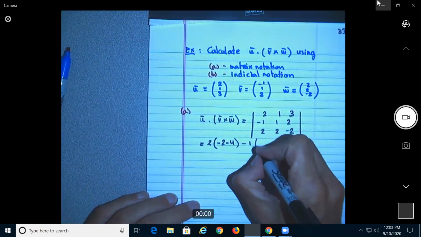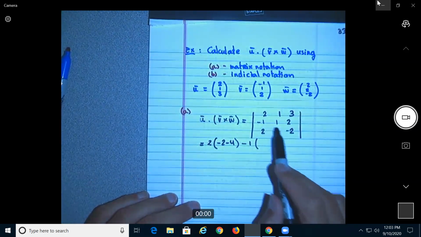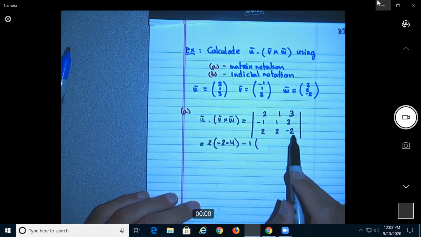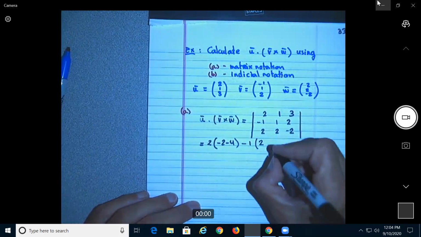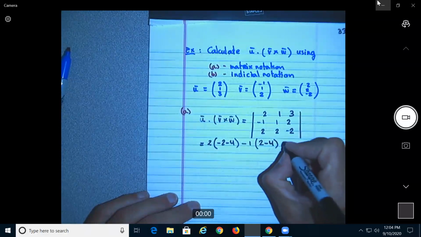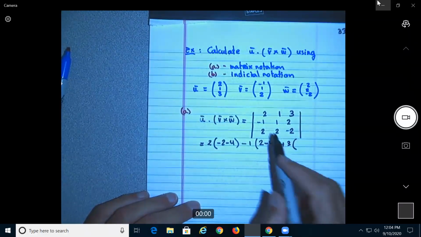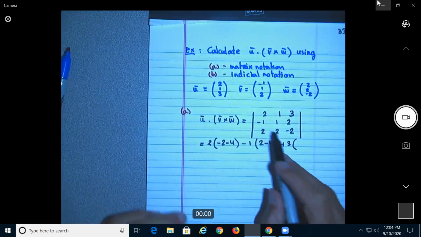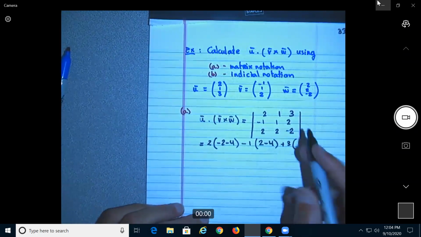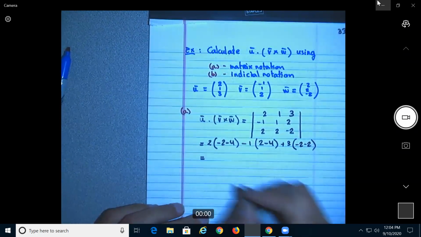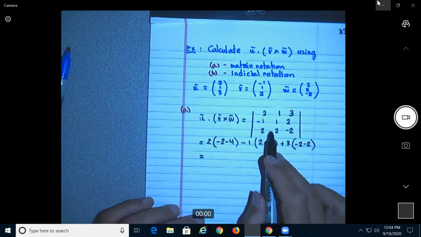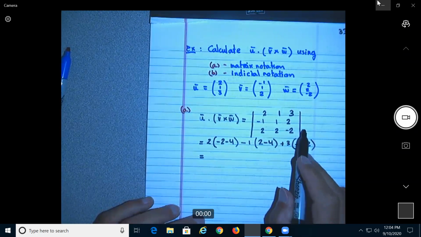Minus 1 times minus 2 would be 2, minus 4, plus 3 factor of minus 2, minus 2. This is to calculate the volume, so the final result is going to be a scalar value.